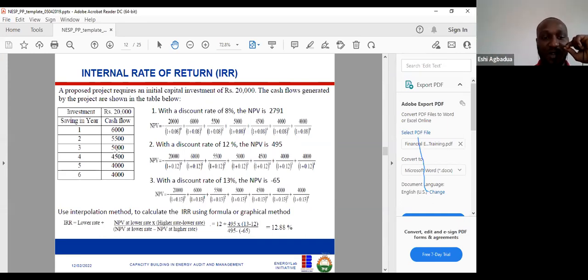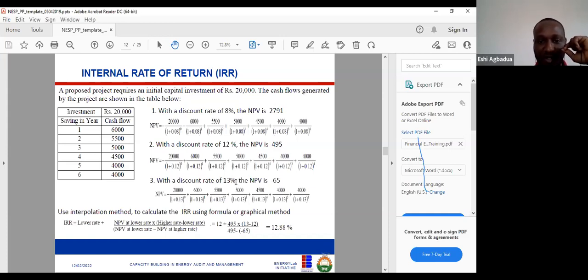In this particular case, what we did was to first try 8% using the same formula as NPV, and what we got is 2,791. Of course, you see it's very high. The next one, we tried a discount rate of 12%. NPV is 495, which is still not 0.